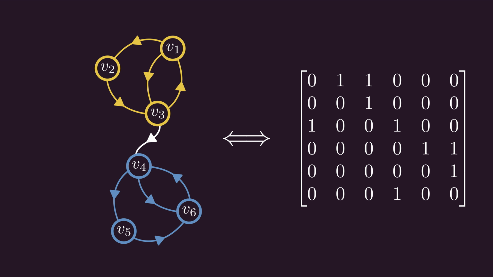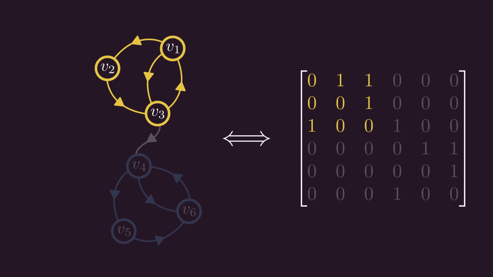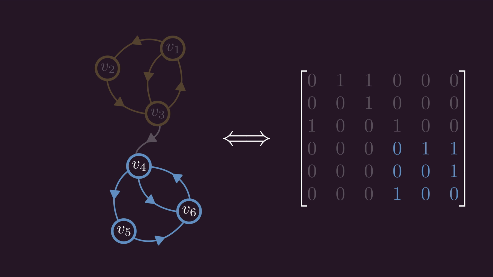Let's take a detailed look at this 6x6 matrix. It can be decomposed into 4 3x3 blocks, each one corresponding to a specific section of the graph. The one in the upper left corner corresponds to the edges within the first strongly connected component, and similarly, the lower right corner represents the second component. On the other hand, the non-diagonal blocks represent edges between components.